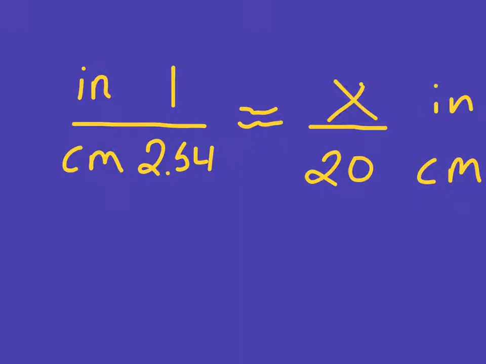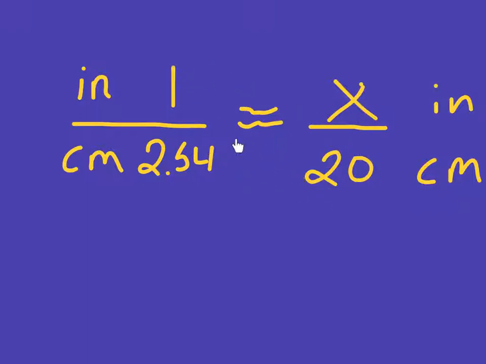Once you have the proportion set up, 1 inch over 2.54 centimeters is about X inches over 20 centimeters. All you simply do is cross multiply.